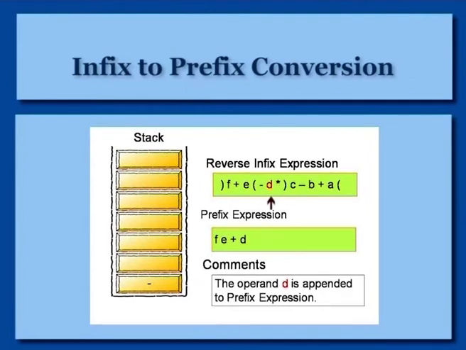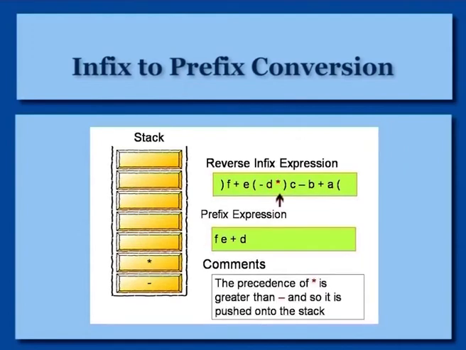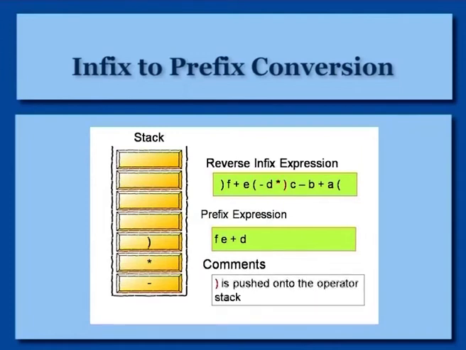The next character, operand D, is appended to the prefix string. The next character is the multiplication operator, and as the precedence of multiplication is greater than the subtraction operator, it is pushed onto the stack. The next character, closing bracket, is pushed onto the operator stack. The next character is operand C and it is appended to the prefix string.